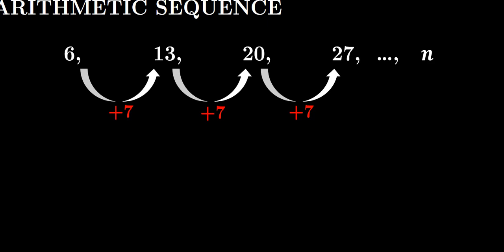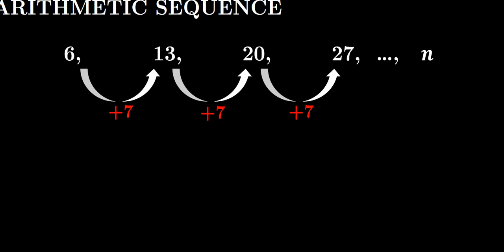So when we say arithmetic sequence, let's try to consider the sequence 6, 13, 20, 27, up to n. We notice that from 6 to 13, we add 7. So the rule is add 7 to the previous term to get the next term.